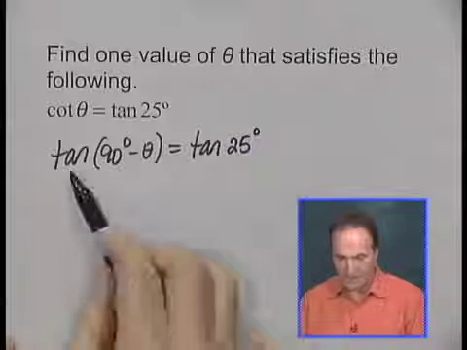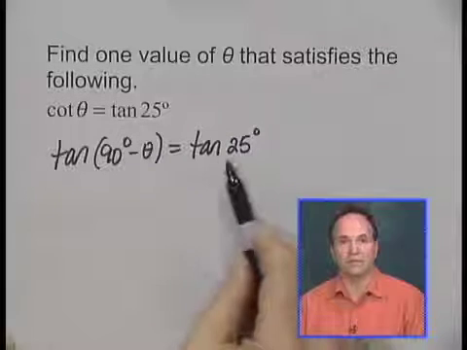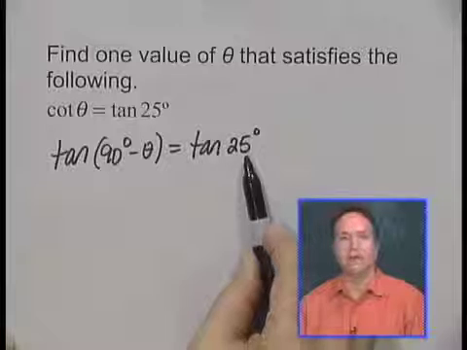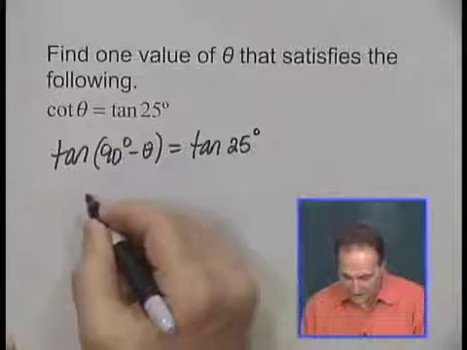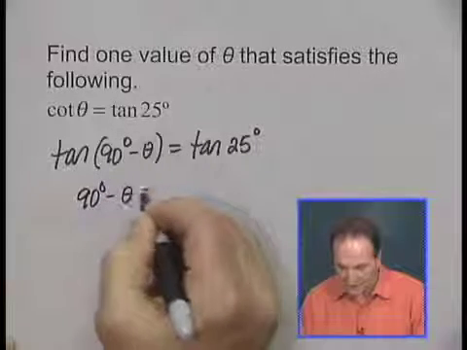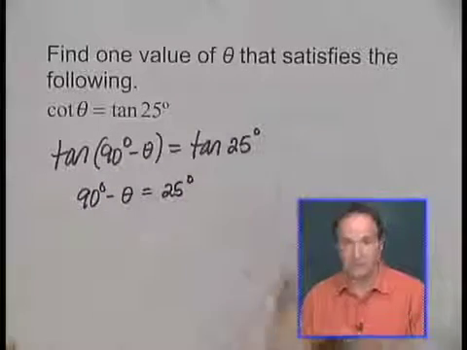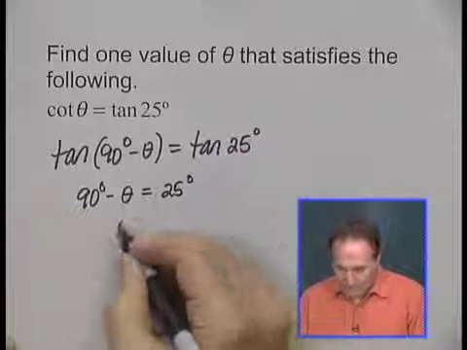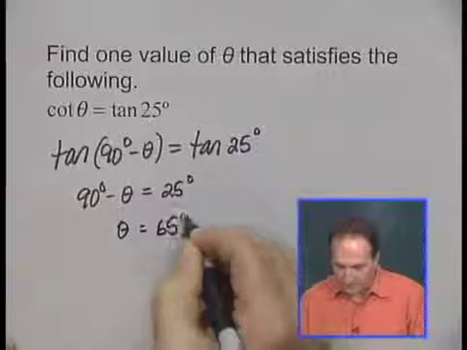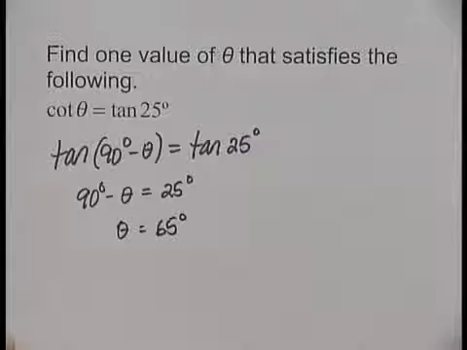But now, if we have the tangent of an angle equals a tangent of another angle, that means we can say that the two angles must be equal. That is, 90 degrees minus theta equals 25 degrees. Solving for theta, we end up with theta is equal to 65 degrees.